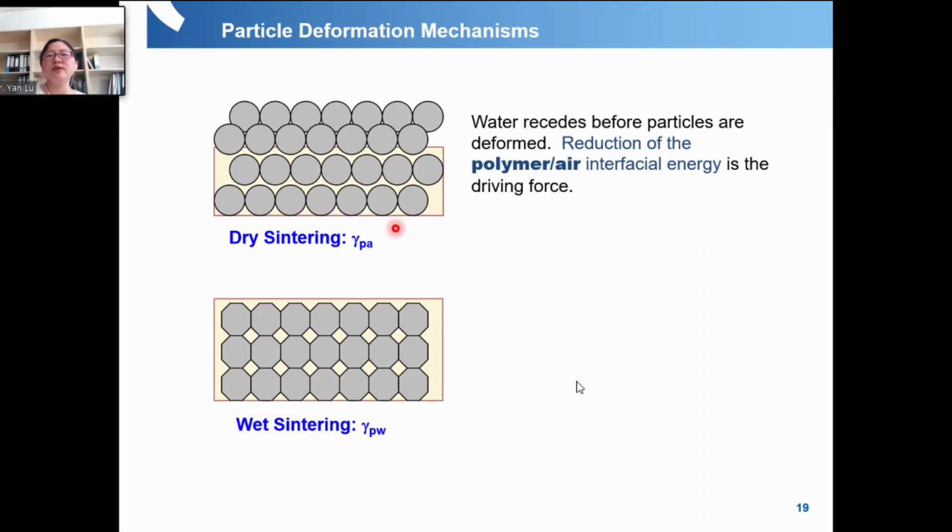So you have deformation already in the dried state. In that case, the reduction of the polymer-air interfacial energy is the driving force for the particle deformation.